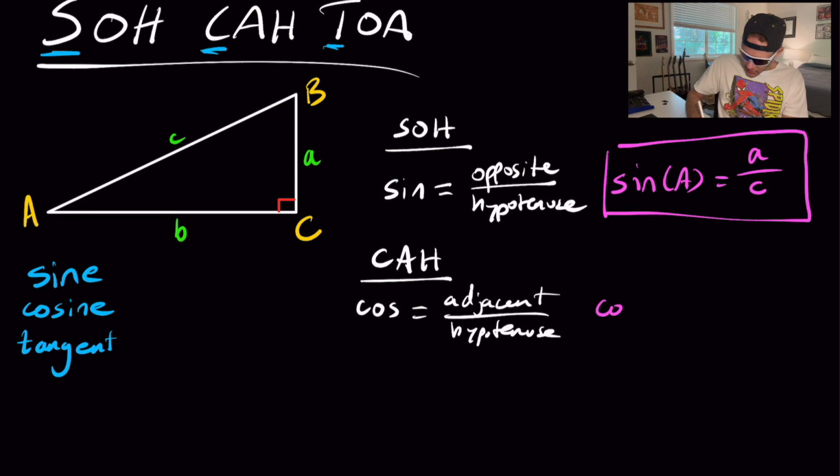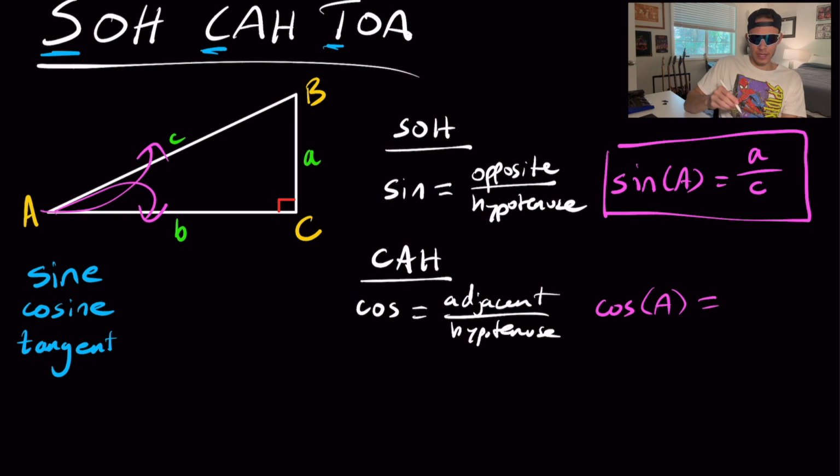So again, as another example, let's do the cosine of A this time, instead of the sine of A. Again, go to that angle that's in the parentheses. Then we ask ourselves, what side is adjacent to angle A? Well, adjacent just means next to, so it's either going to be b or c.